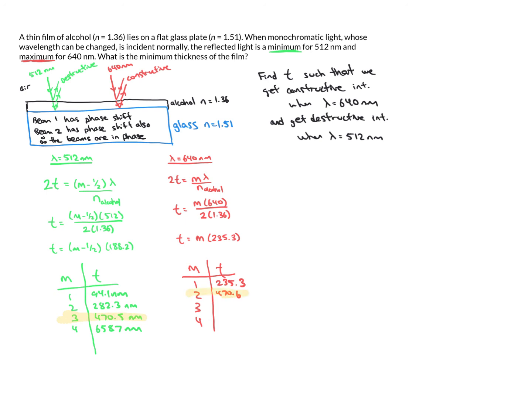So when I have a thickness of, to 3 significant digits, 471 nanometers, then I will satisfy both conditions, the conditions being that the green laser will be reflected a minimum and the red laser will be reflected a maximum.